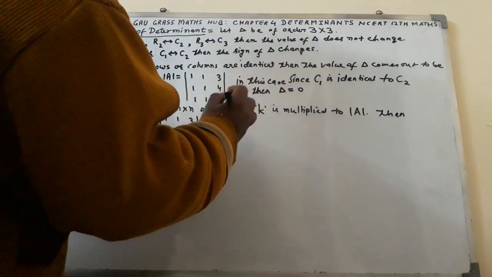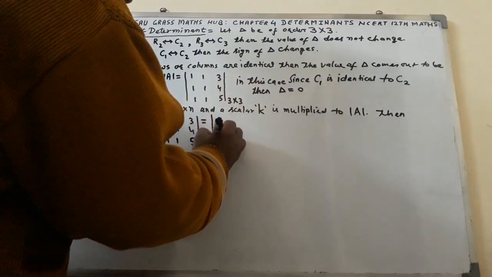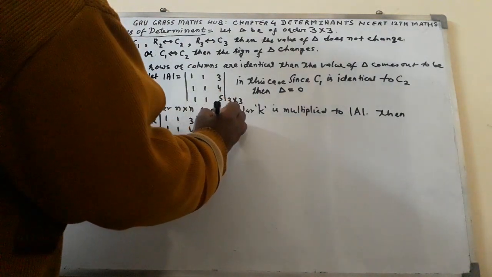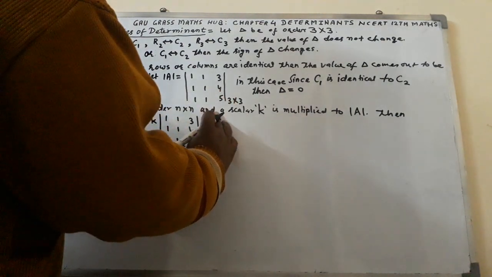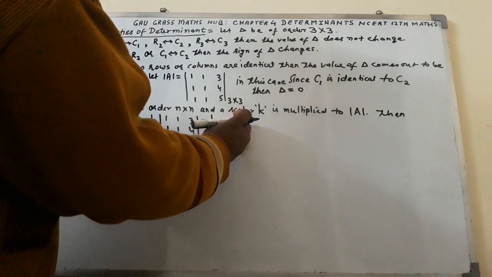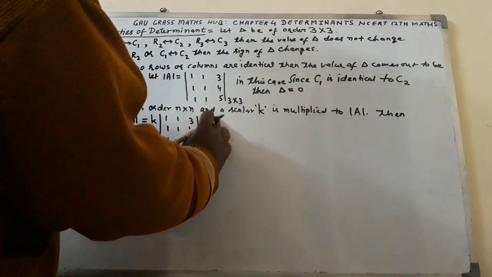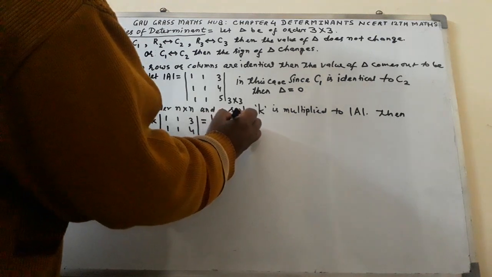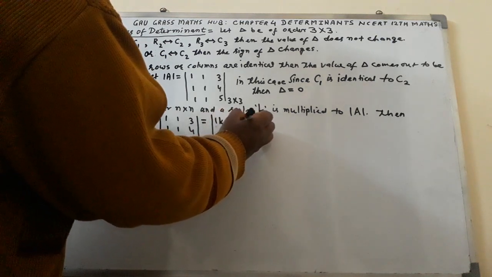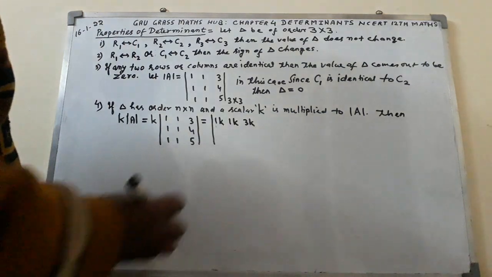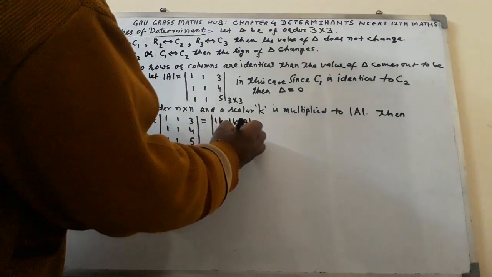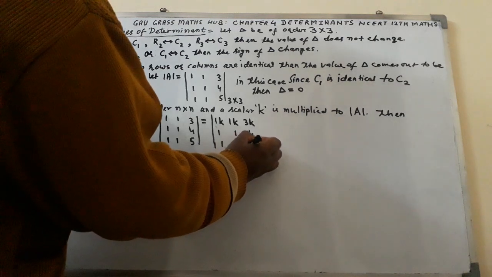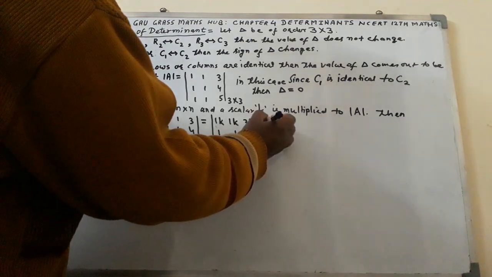So here K is multiplied to the first row, so it becomes 1k, 1k, 3k, with the rows 1 1 4 and 1 1 5.